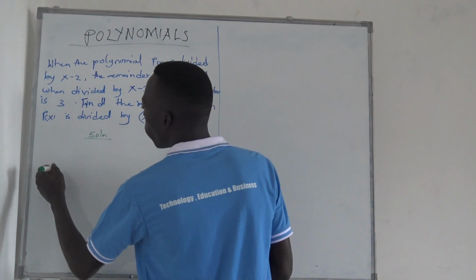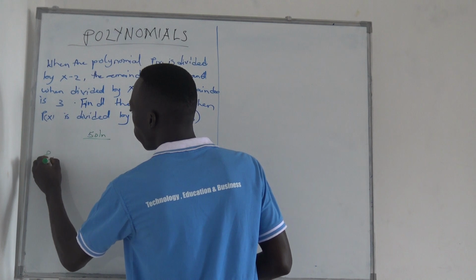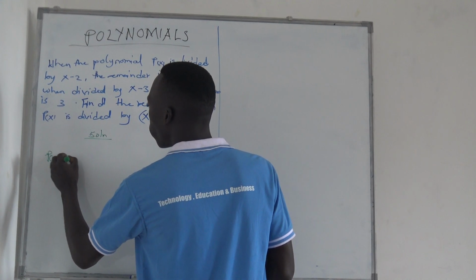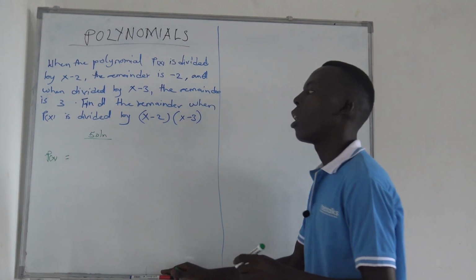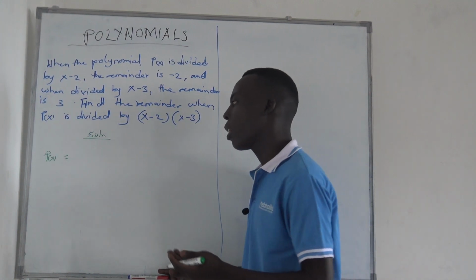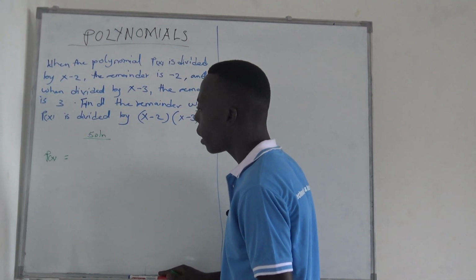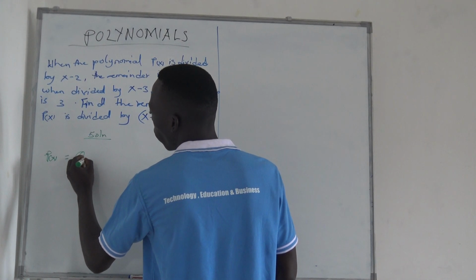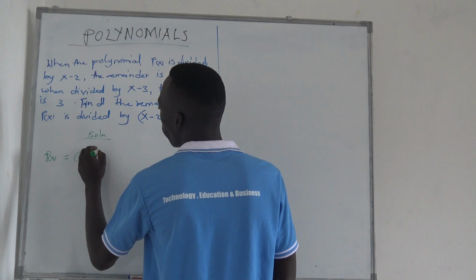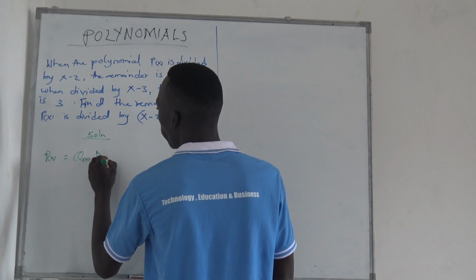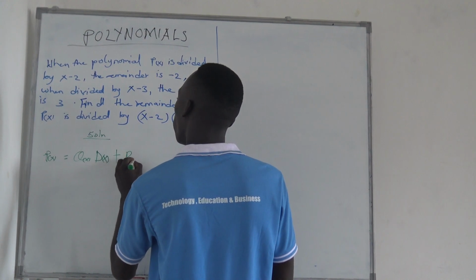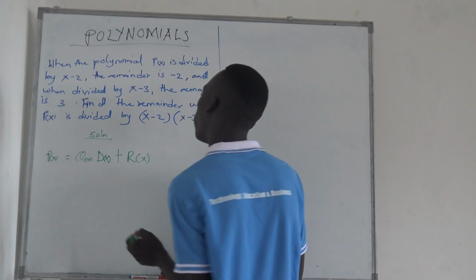When we get the function, in that case p of x, and we divide by the divider, we get the quotient of x times the divider of x, plus the remainder of x.